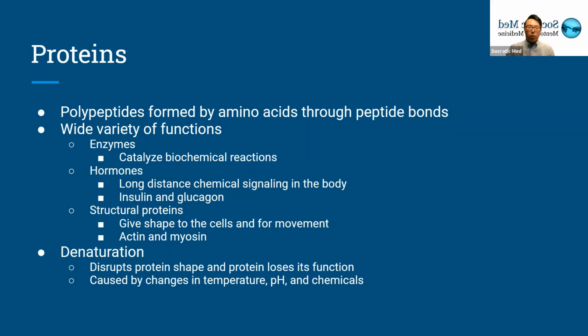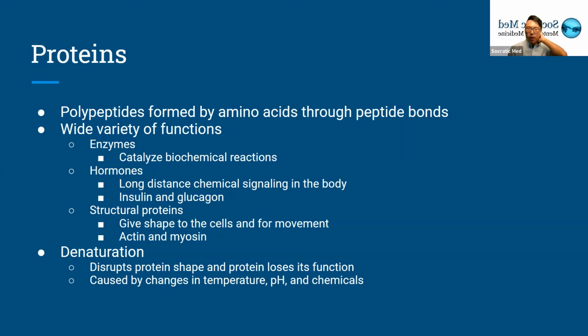And so, like I said before, the protein needs a specific shape in order to function. When denaturation happens, it disrupts the protein shape and the protein loses its function because of that. It can happen because of changes in temperature, pH, or specific chemicals called denaturants.